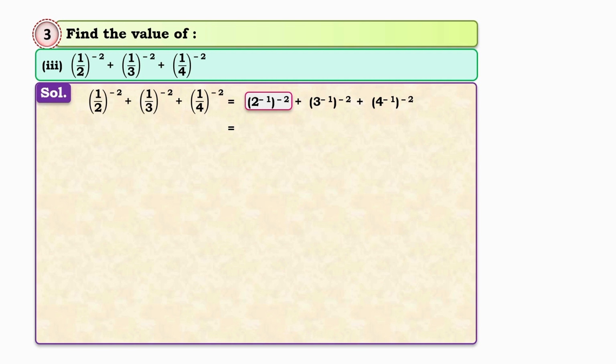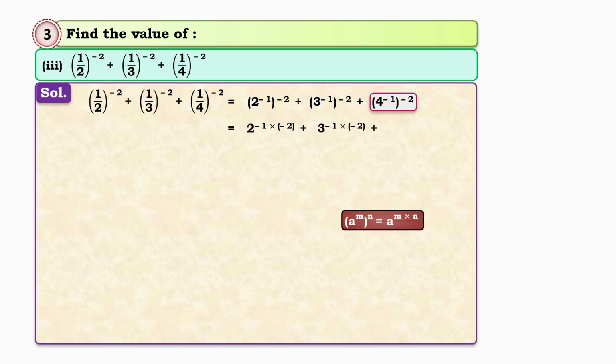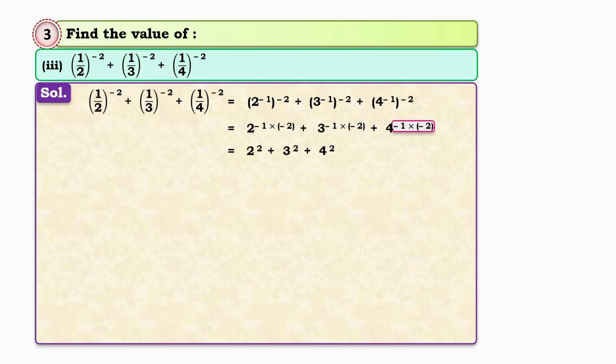Now for this we are going to apply (a^m)^n, that is a^(m into n). So I am showing you step by step how to solve this. You should also do it like this only. Now add it and you will get the final result, that is 29.